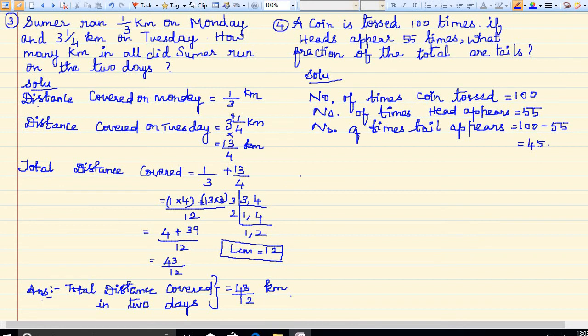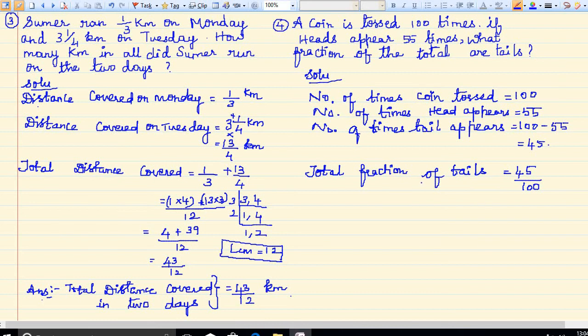Now, the total fraction of tails. Total fraction of tails is equal to number of tails appear divided by number of times coin tossed. Can you clear this? They are asking total fraction of tails. Fraction means numerator, denominator.